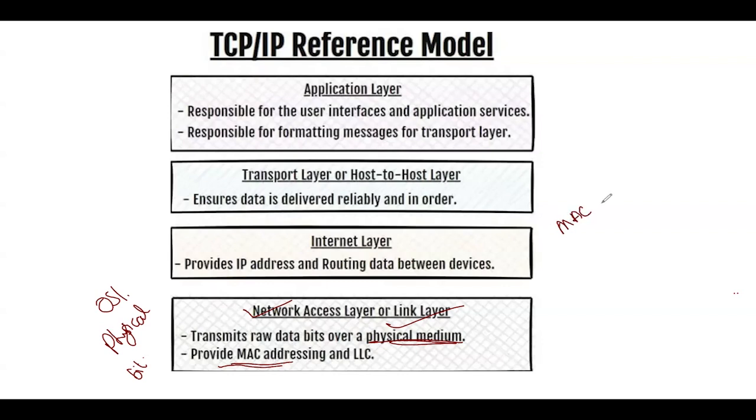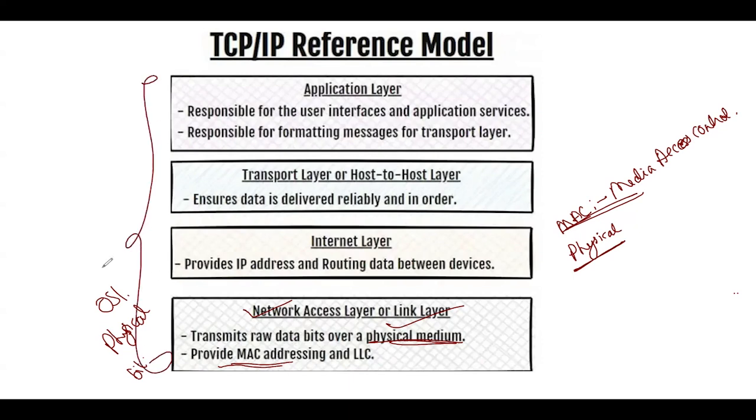Just like we saw the logical address, MAC is your physical address of the system. The expansion of MAC is media access control. The MAC address is the address of your hardware or your system. It is also called a physical address. That is also done by your network access layer. So these are the 4 layers and their responsibilities.